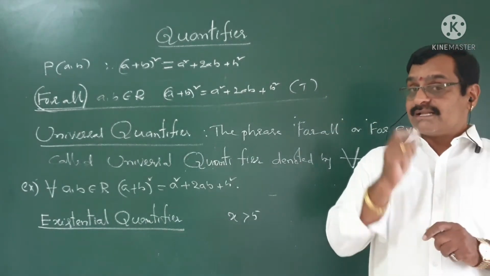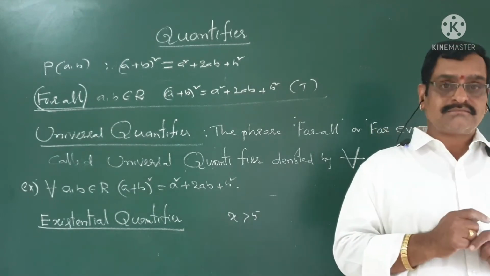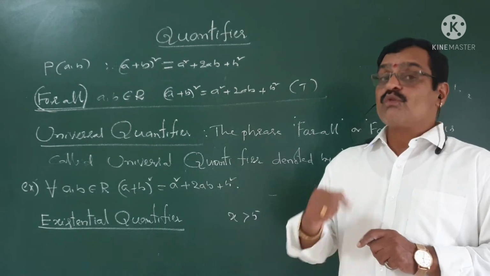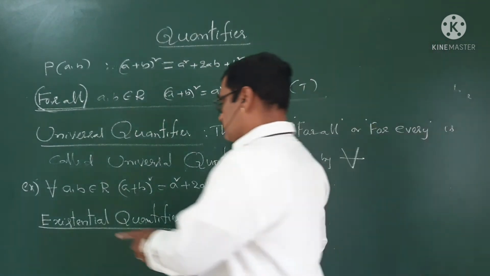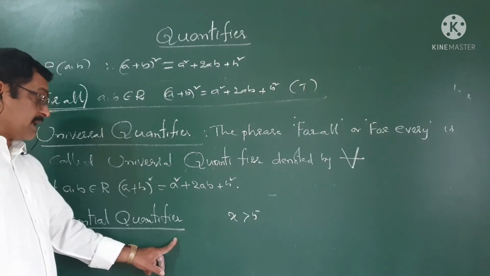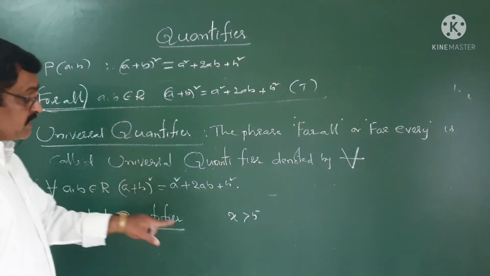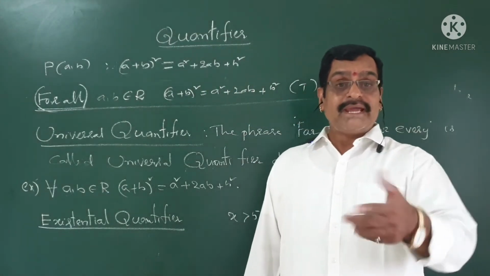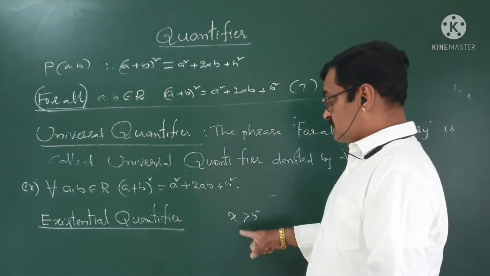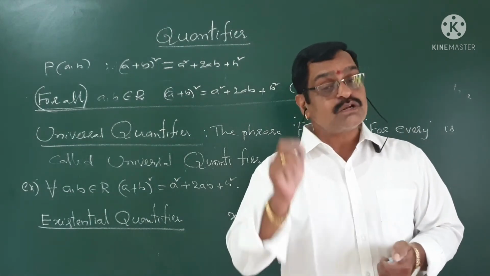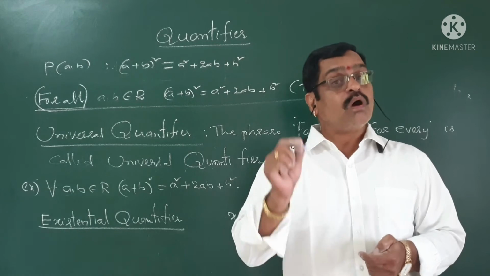So whenever there exists at least one x for which the statement is true, to express that we use the existential quantifier. Again I repeat, this existential quantifier is a phrase used to express that the expression is true for at least one value of x.